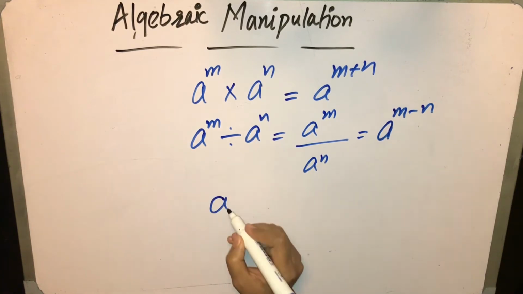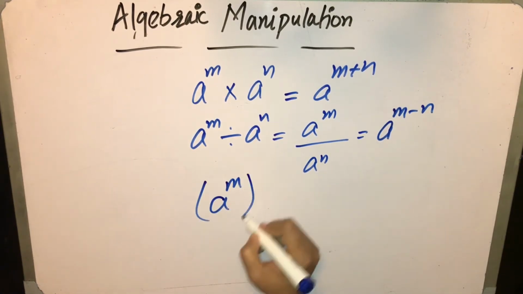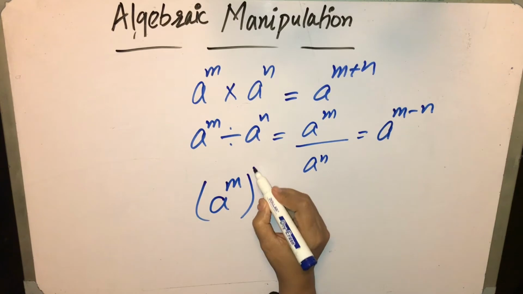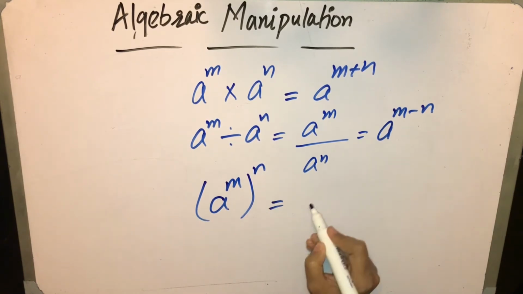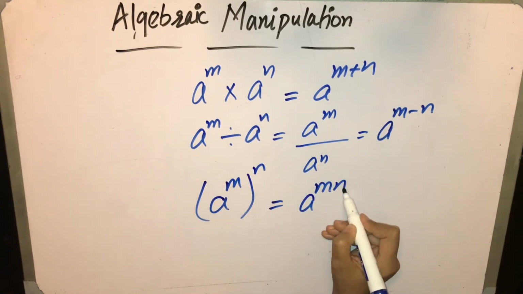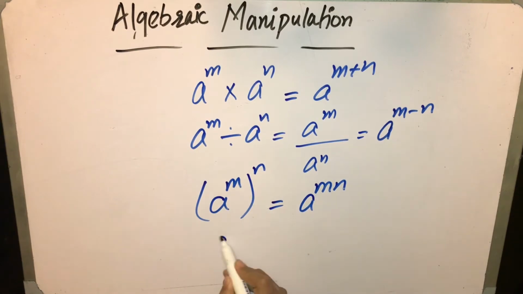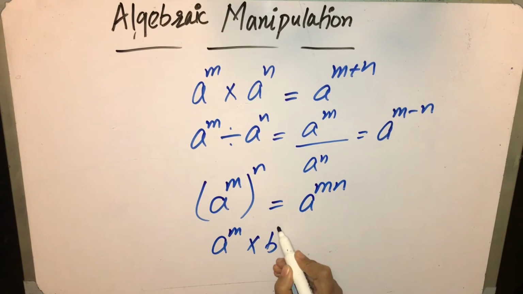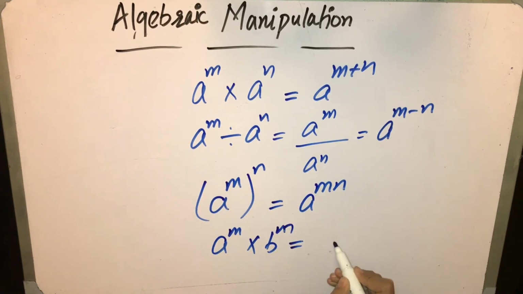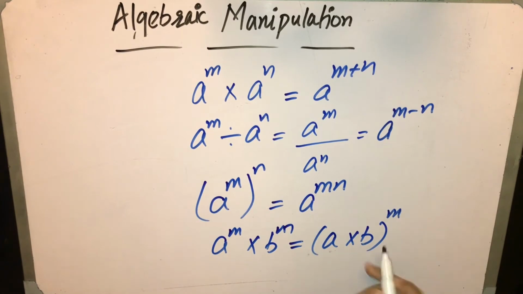If we have a power m and there is another power, then the powers will be multiplied. And if they have different bases but the same power, then we will write it as (a times b) power m. And the same rule is for division. If there is a division sign, then we will divide it.